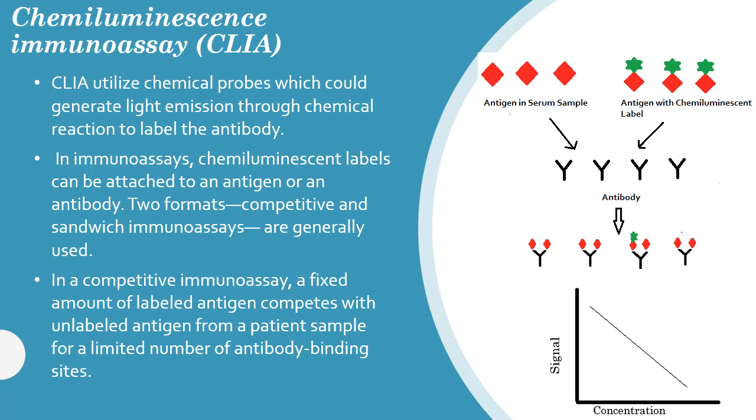Now, as you can see in this diagram, in competitive immunoassay, a fixed amount of labeled antigen competes with unlabeled antigen from a patient sample for a limited number of antibody binding sites, which shows that the amount of light emitted is inversely proportional to the amount of antigen measured.